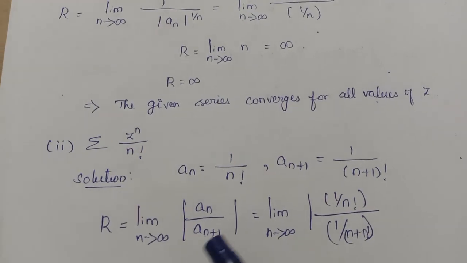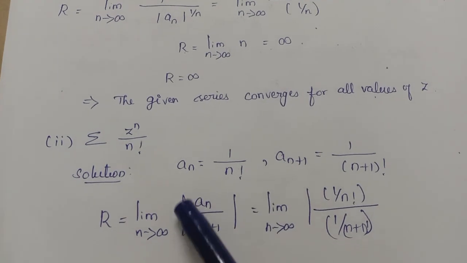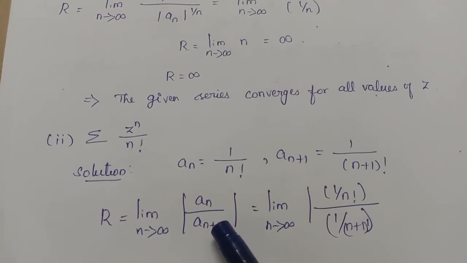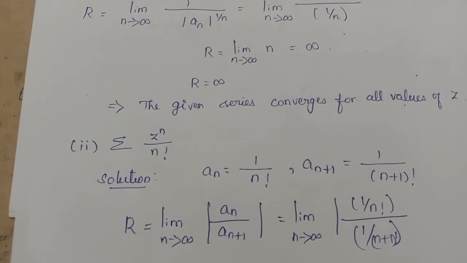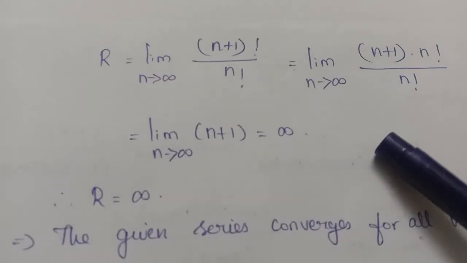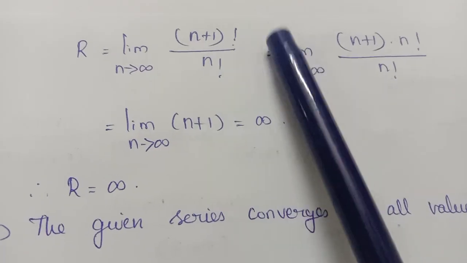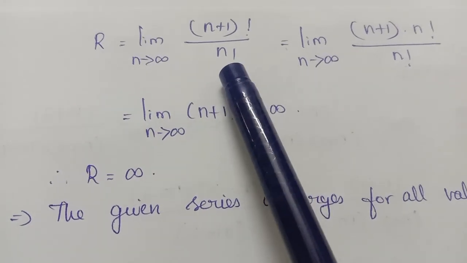Then R equals limit n tends to infinity modulus of a_n by a_(n+1). So 1 by n factorial divided by 1 by (n+1) factorial. Since all the values are n and n+1, no need to take the modulus. We can simply write (n+1) factorial by n factorial.